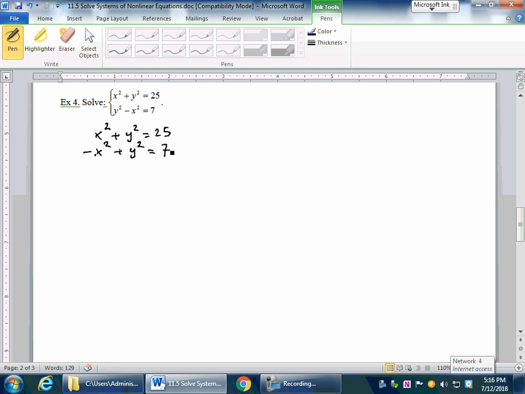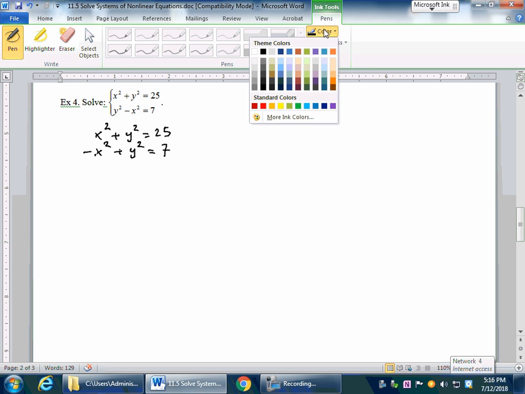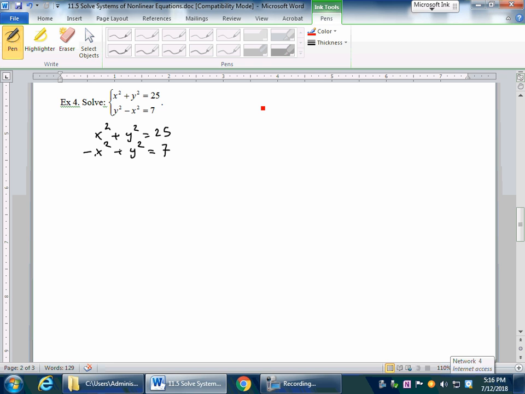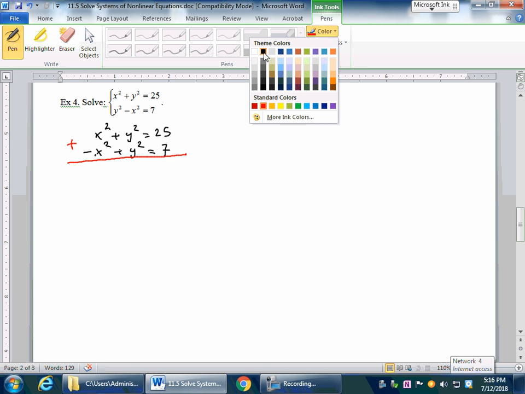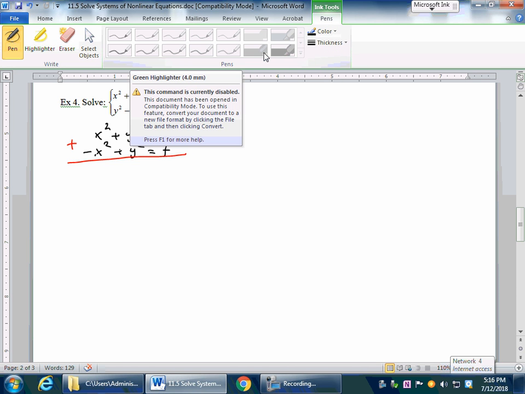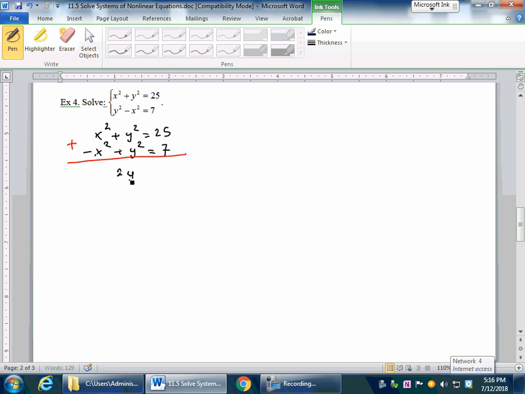After you rewrite it, the variable x has opposite coefficients, so I can just add these two equations together. That will eliminate the variable x, and I get 2y squared is equal to 32. Therefore y squared is equal to 16 after we divide both sides by 2.